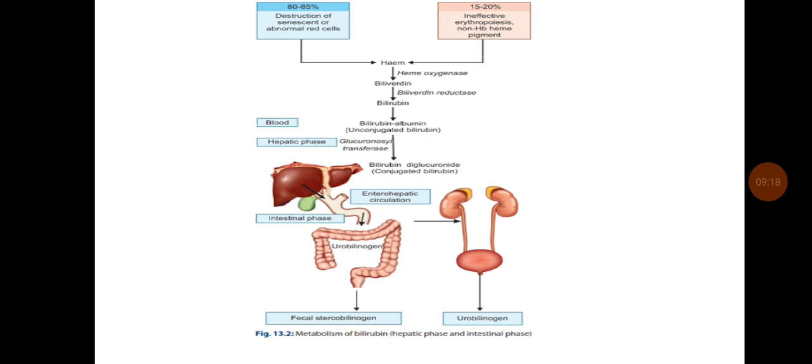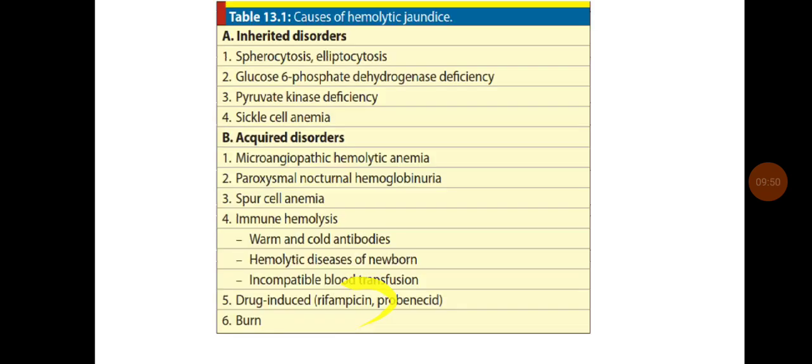Heme gets converted into biliverdin and bilirubin, which gets conjugated with albumin and is secreted into the intestinal tract. Then it gets recirculated through the enterohepatic circulation. Some amount gets excreted as urobilinogen and fecal stercobilinogen.